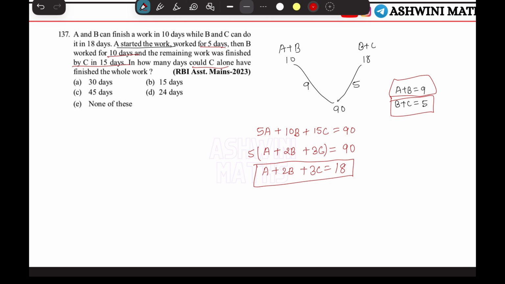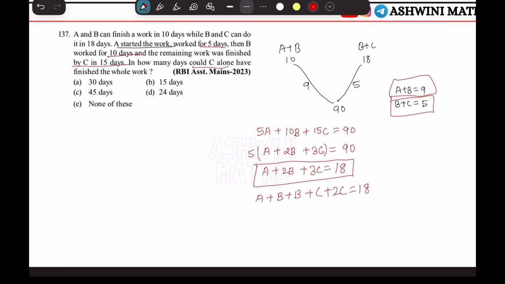So here A plus B is equal to 9, B plus C is equal to 5. If we look carefully, we can write A plus 2B plus 3C as A plus B, plus B plus C, plus 2C is equal to 18.